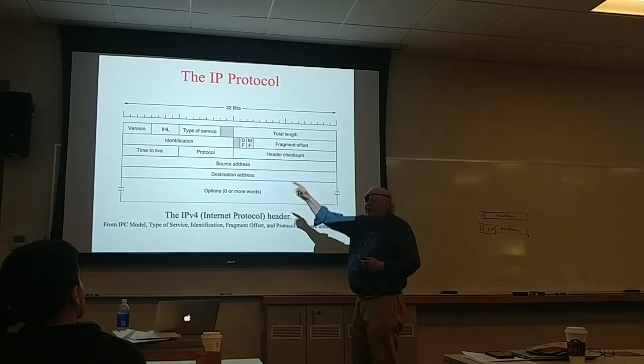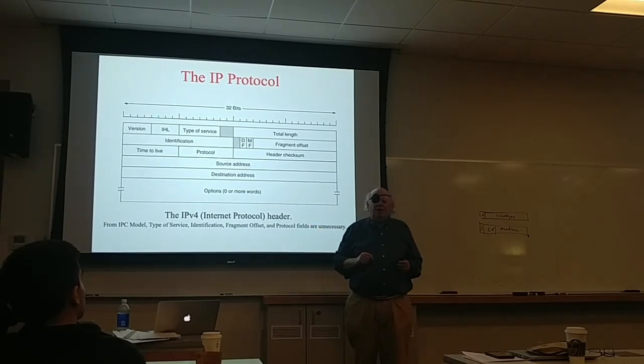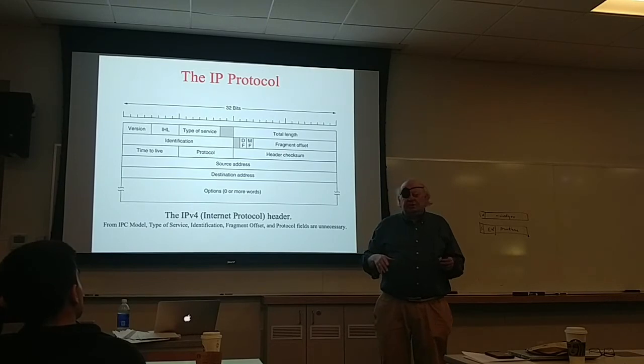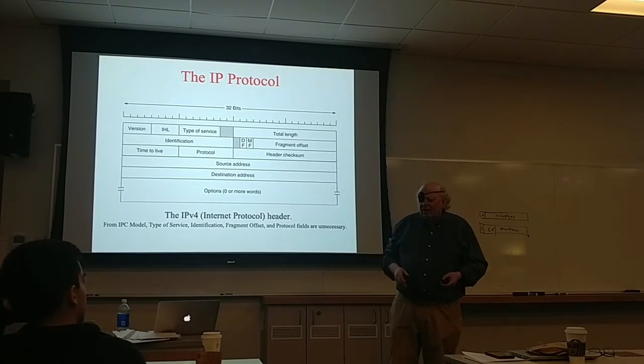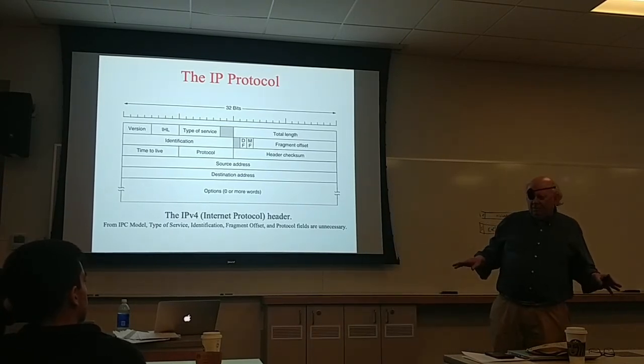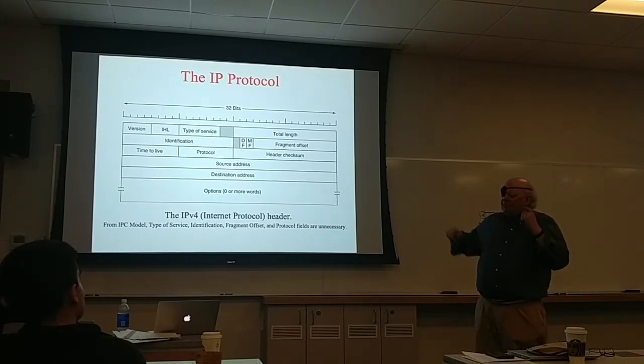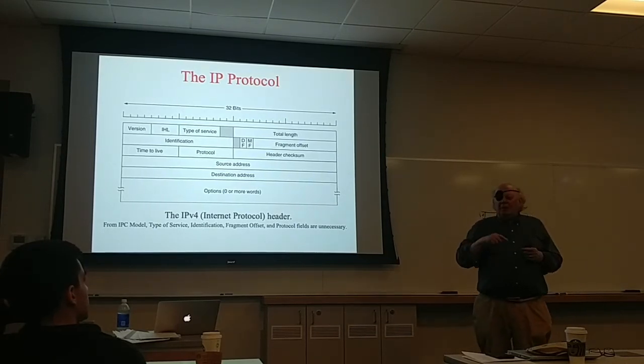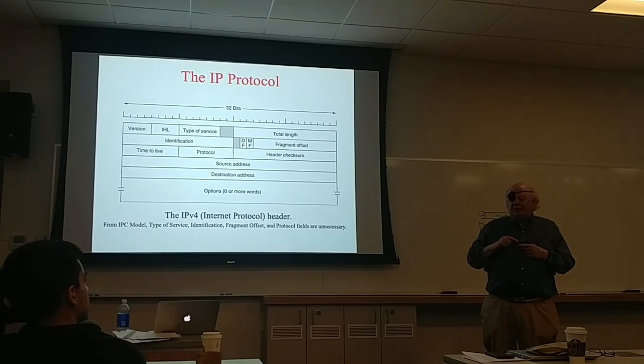We have a time to live field. Remember I said the routing algorithms don't get the same data, could create loops. The loops can last for hours, days, infinitely. Just because you do another routing update doesn't mean you're going to get rid of it. Because it's real hard to detect, back and forth might be easy to detect, but loops that involve more than one node can be really hard to detect.